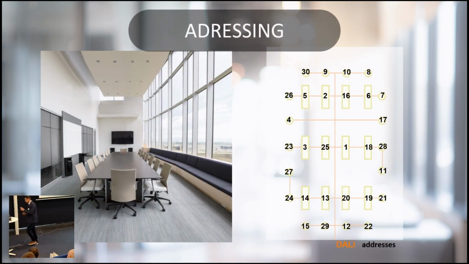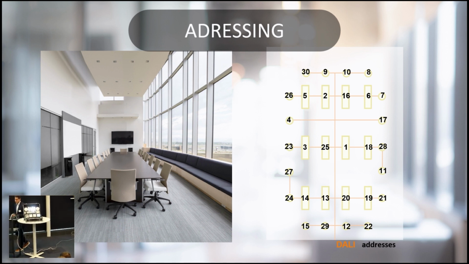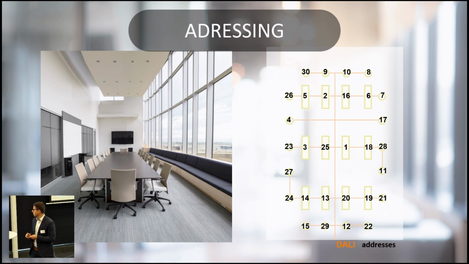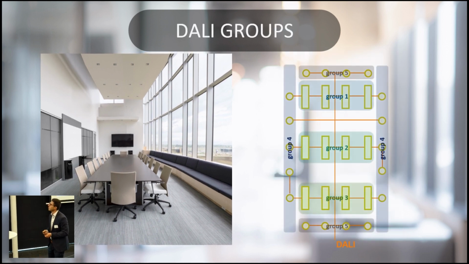And the addressing is always done in a random way. That's maybe also something important which you need to know: if I start the addressing with the DALI, the addressing will always be done randomly. So they get different addresses. But it doesn't really matter because you always work with groups and then single addresses, so how the addresses are set up is not that much of an issue.